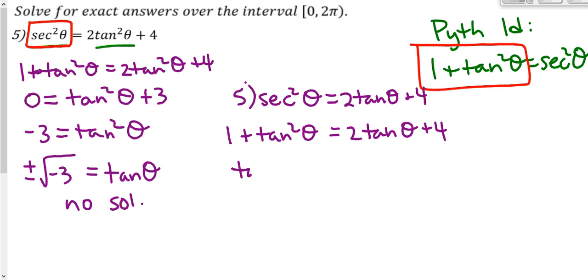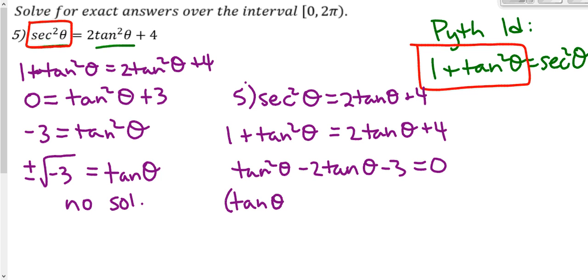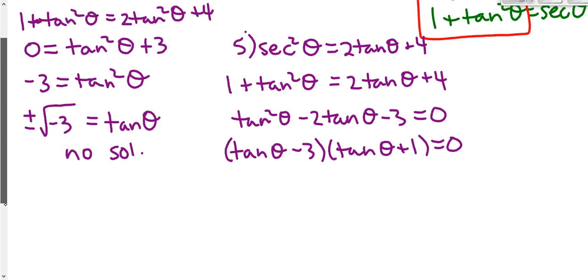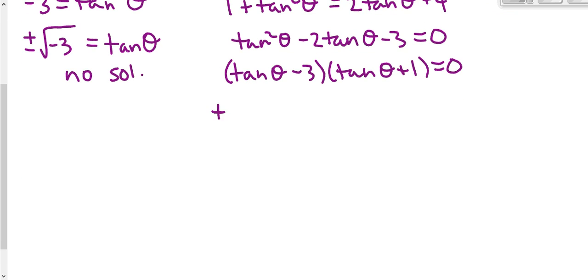So we have tangent squared theta minus 2 tangent theta minus 3 equals 0. Okay, is this factorable? Cross your fingers, everybody. I think it is. Tangent theta minus 3 times tangent theta plus 1 equals 0.